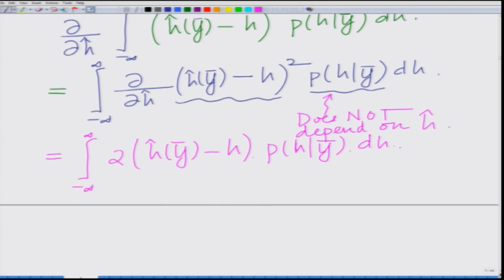Now, this has to be equated to 0 to find the h hat which yields the minimum.